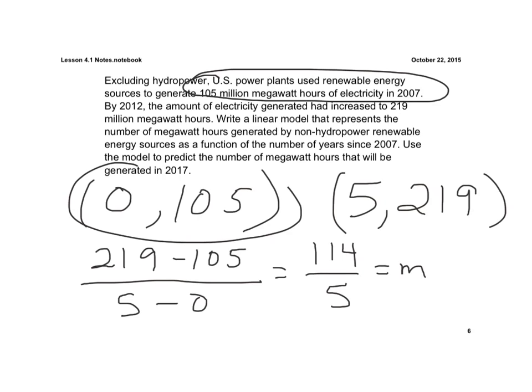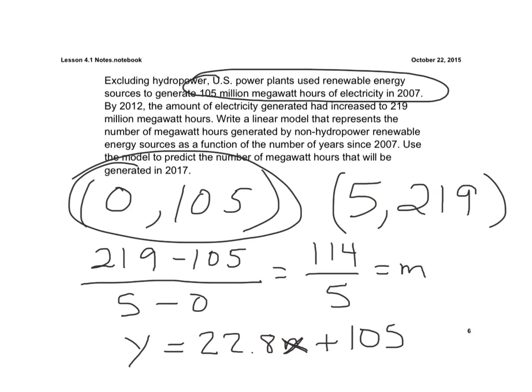And again, this is our y-intercept. So we have y equals, and if I divide this out, this would be 22.8 times x plus 105.